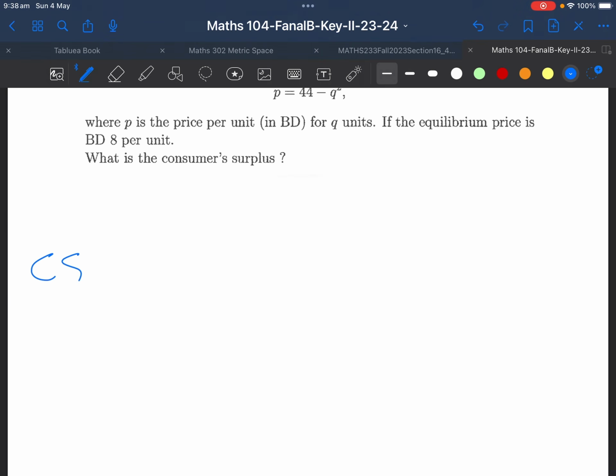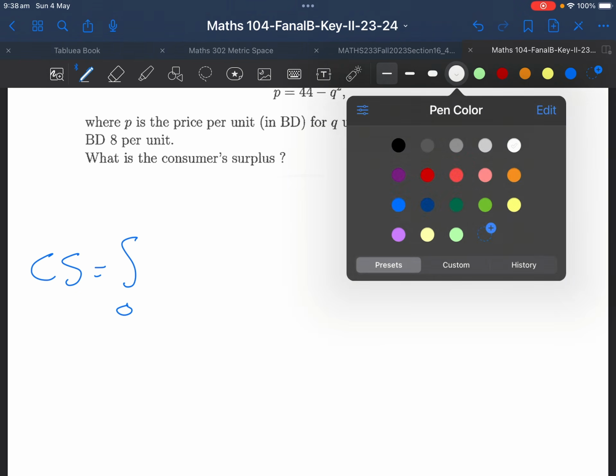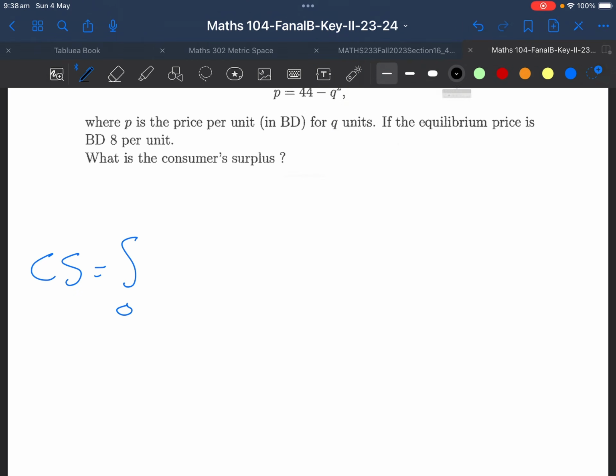Consumer surplus is equal to the integral from 0 to a very specific number, which we call Q0, of the demand function, which is already given in the question, minus the equilibrium price P0.